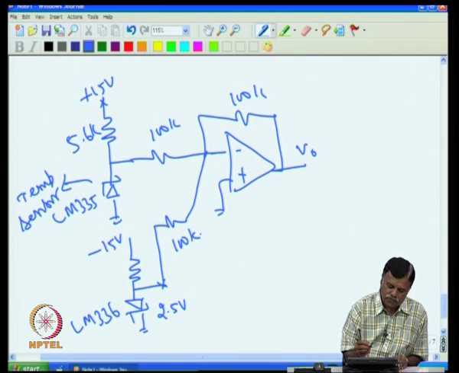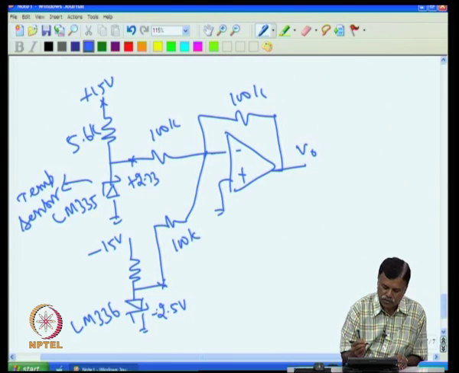then at 0 degree C, when this is kept at 0 degree C, I will get here plus 2.73 volt, and at that time this is minus 2.5 volt. Then the output will be the difference between these two, that will be minus 2.73, and this gives you plus 2.5.